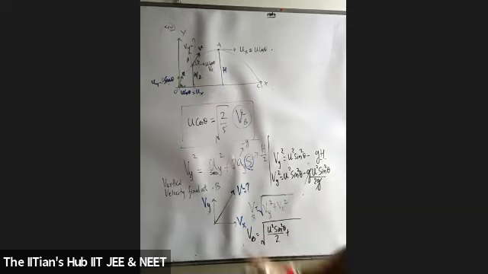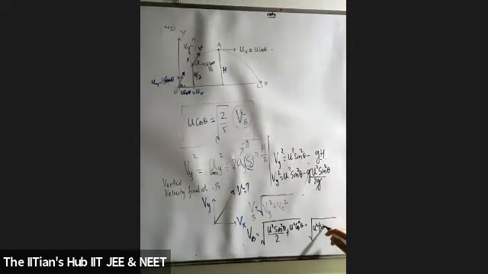Sanjana, what is Vx square? U square cos square theta. Absolutely correct. If you're solving this, what exactly you'll get the answer as? U square sin square theta by 2 plus u square cos square theta. U square common. So what exactly you consider?